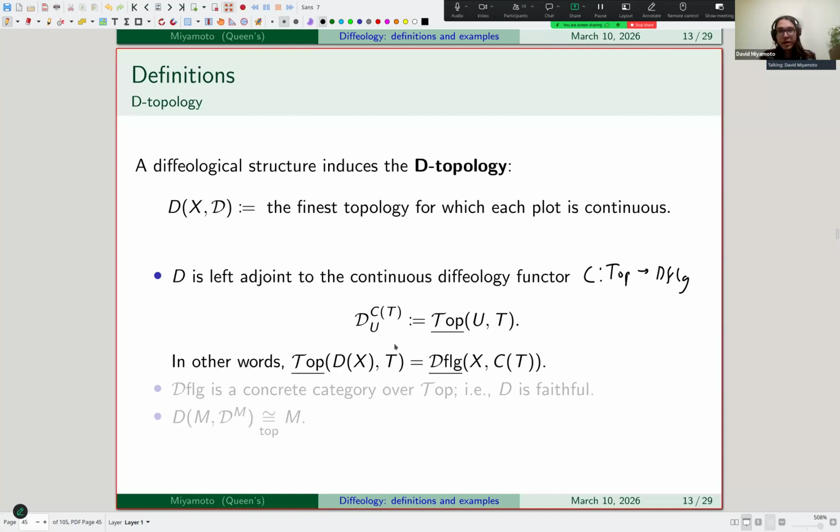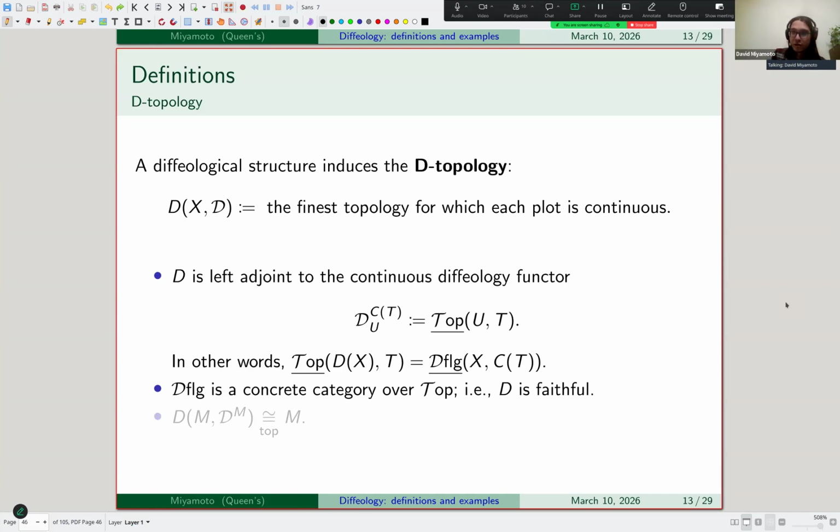And you can define a diffeology by saying that my smooth maps are the continuous ones. So for each open subset U, these continuous maps are the plots of my topological space T. Here the underline denotes take the maps in the category of topological spaces. And that is a diffeology, the so-called continuous diffeology. It's a rather mysterious object, but it does serve as a right adjoint to D. Oh yeah, sorry.